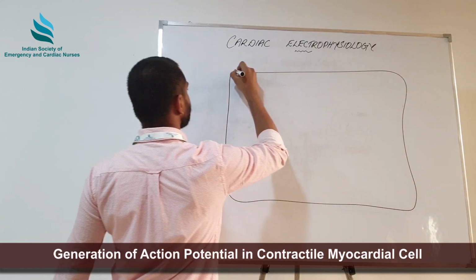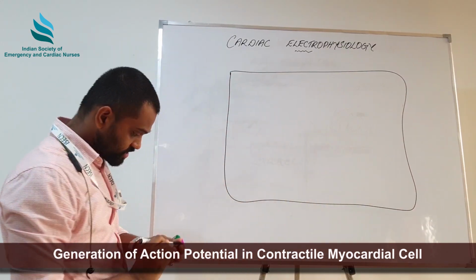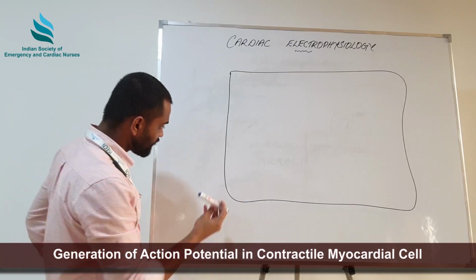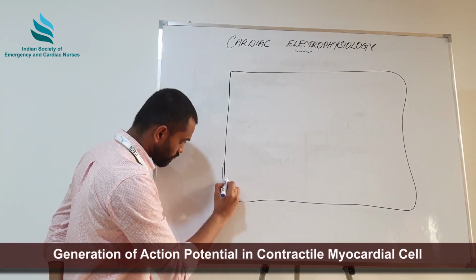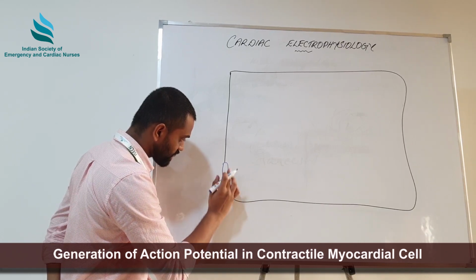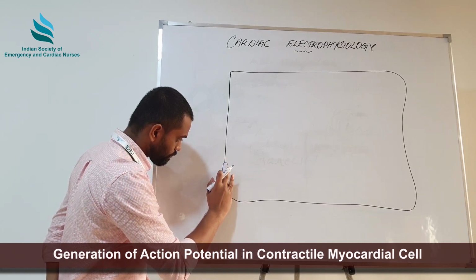As explained before, in the resting membrane potential, we have the sodium potassium ATPase here, which is constantly throwing out 3 sodium ions and gaining just 2 potassium ions.